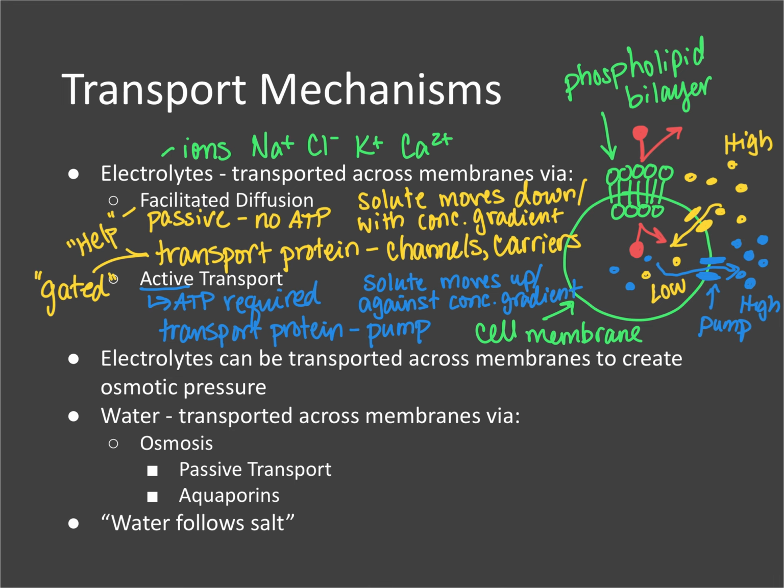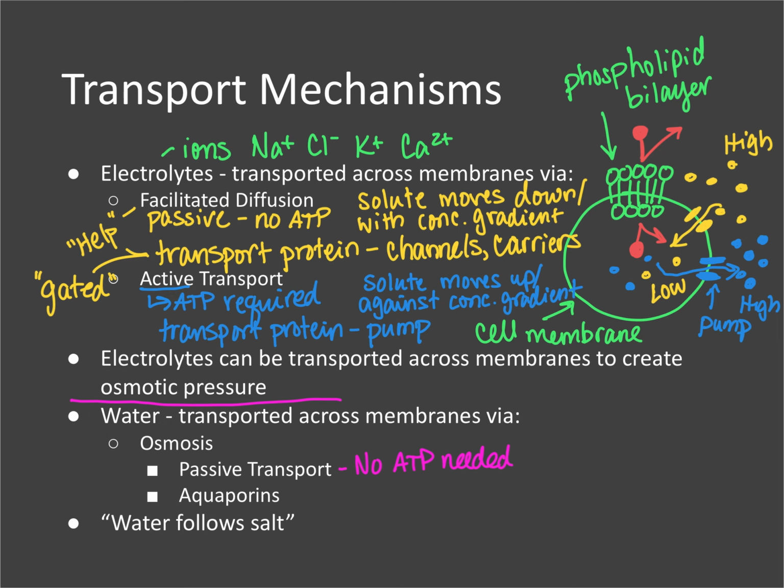Water, however, differs from electrolytes in that it can be transported across the cell membrane via osmosis. Now, osmosis is a form of passive transport, so no ATP needed. It can also cross through the phospholipid bilayer on its own. So technically, it also does not need a transport protein.